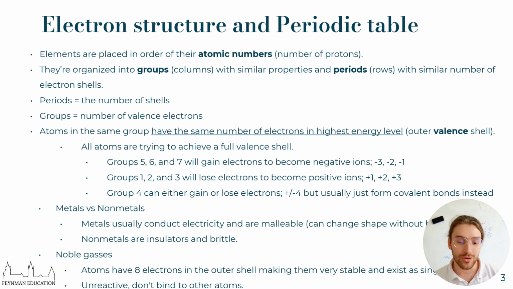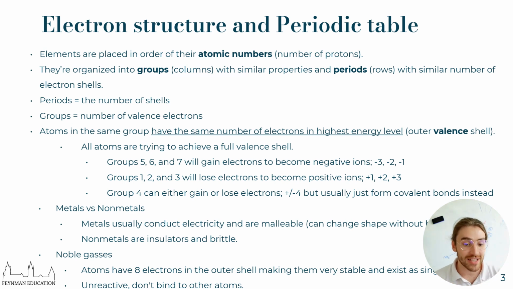Group 4 is a bit of a weird one. That's stuff like carbon, and we'll get to that later, but it usually doesn't lose or just gain electrons. It's usually going to share them.